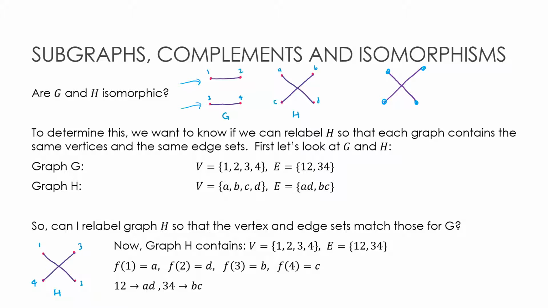So my question is, can I just relabel H and say, let's call this 1 and let's call this 2. So far, so good. I have edge 1, 2, and if I relabel this 3 and relabel this 4, then I have an edge 3, 4, and I essentially have done it. Now, this is also a graph H, which still works because I have edge 1, 2 and edge 3, 4.